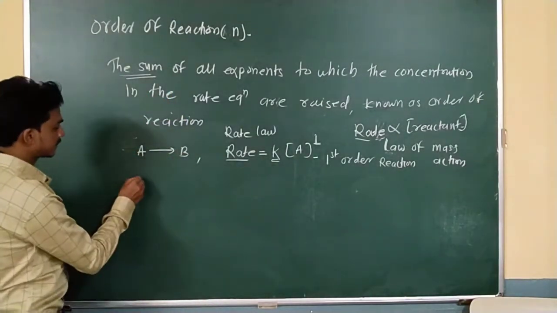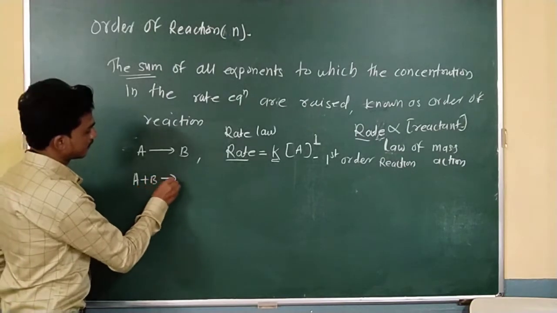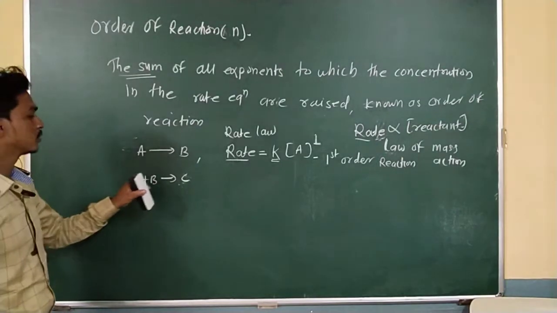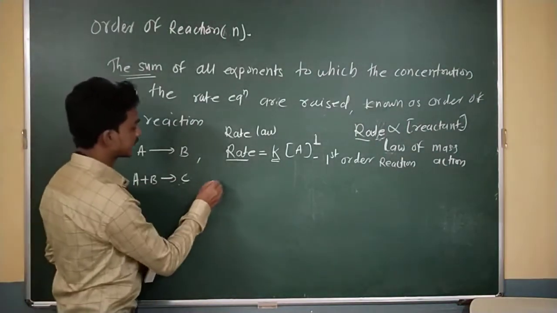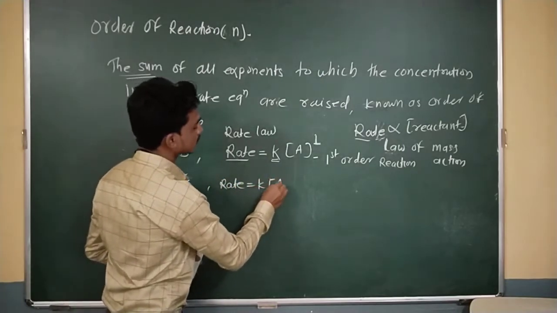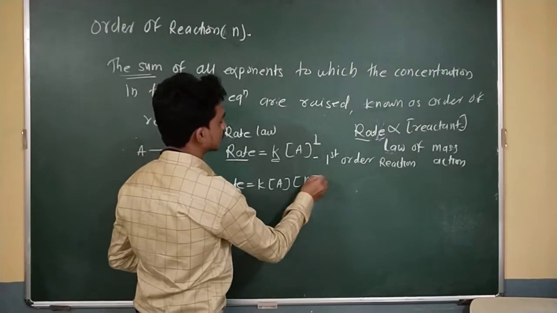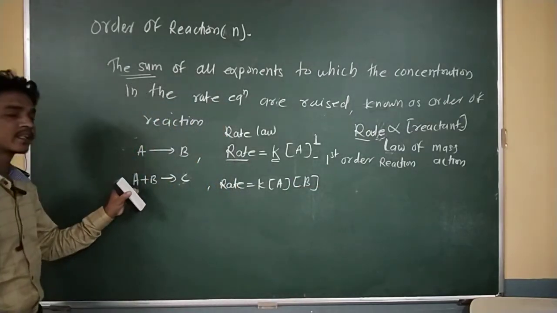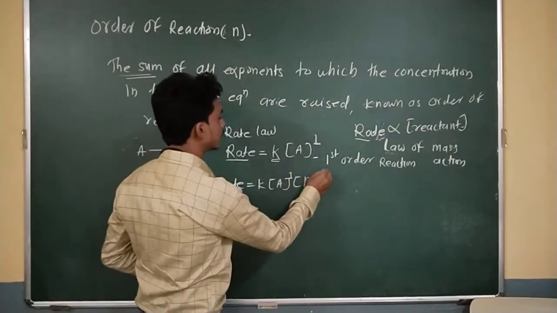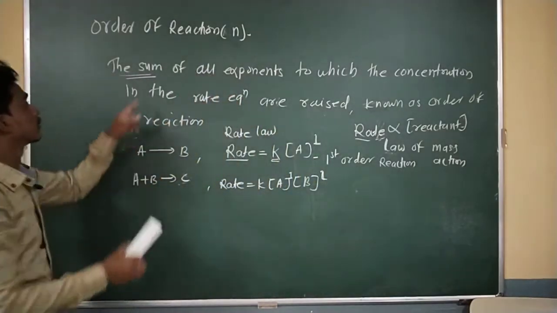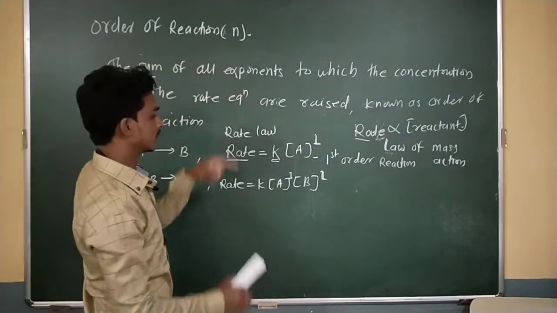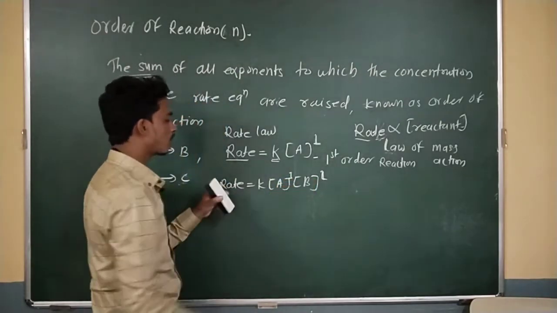Similarly, if A and B are the reactants giving product C, I can write the rate equation like this: rate is equal to K into concentration of A into concentration of B, because two reactant molecules are involved in the rate equation. Here each has exponent one, and by the definition, the sum of all exponents is 2.